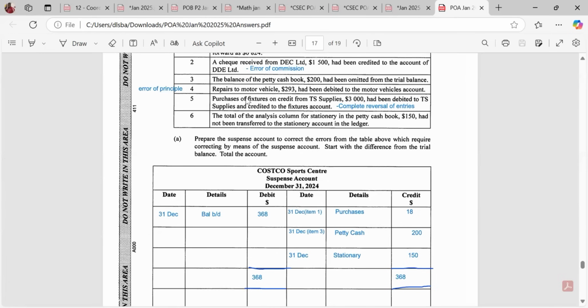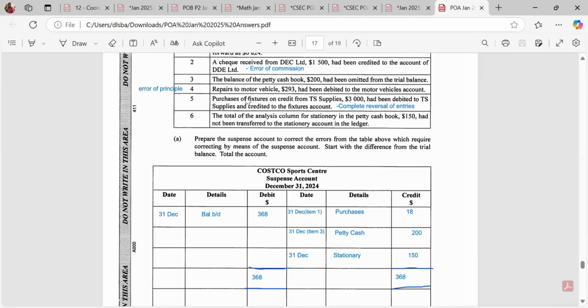The last one, the total of the analysis column for stationery in the petty cash book, 150, had not been transferred to the stationery account. Stationery is an expense. Expenses are always what? Purchases, returns inwards, drawings, expenses are always what? Debited, right? So we were supposed to debit our stationery account and we didn't.